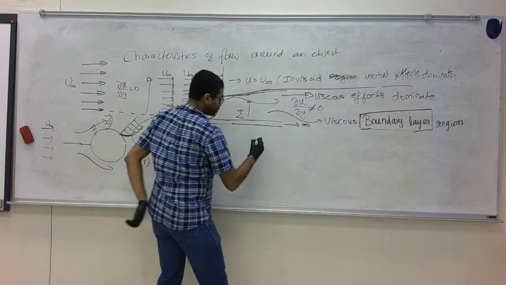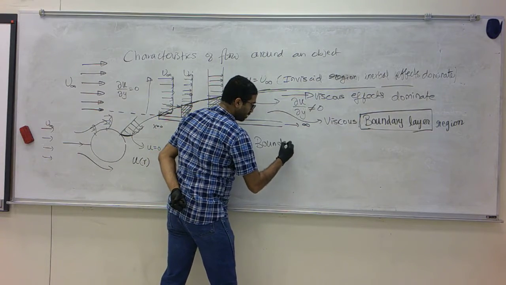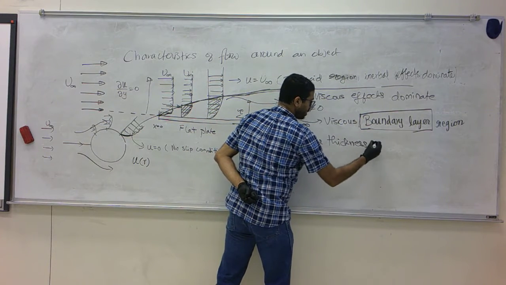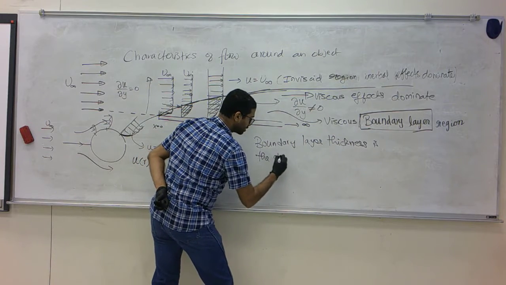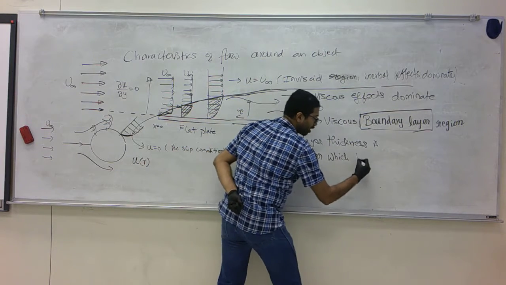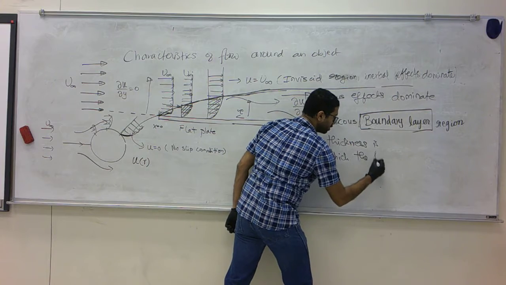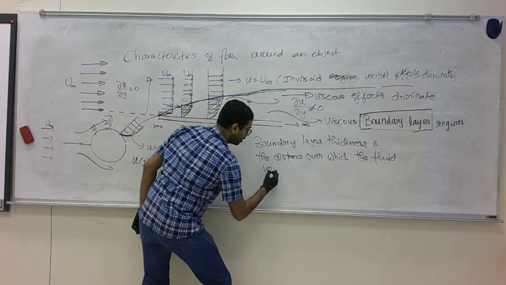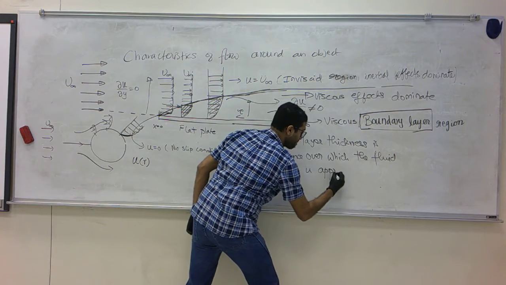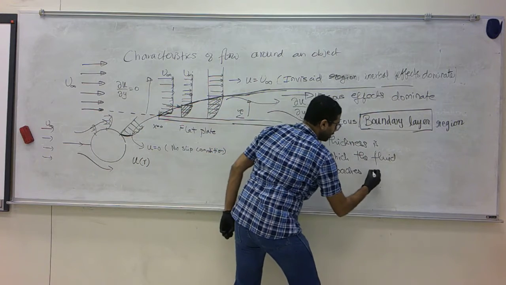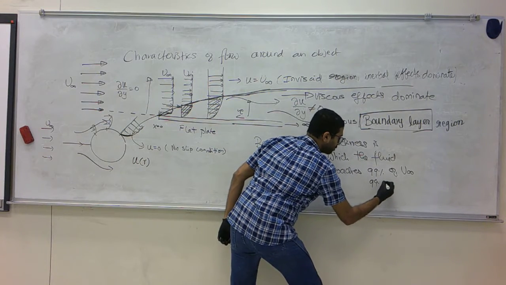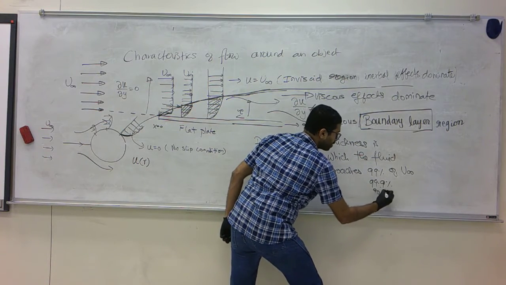You can say that the boundary layer thickness is the distance over which the fluid velocity u approaches 99% of the free stream velocity, or 99.9% of the free stream velocity, or 90% of the free stream velocity.